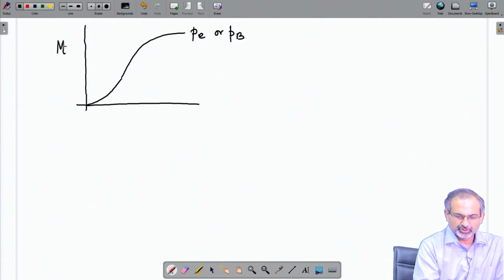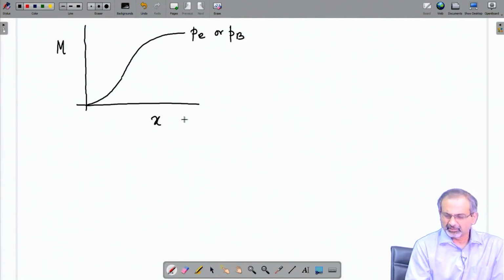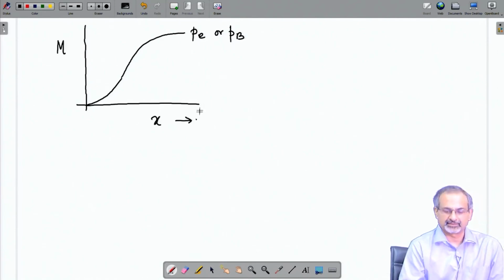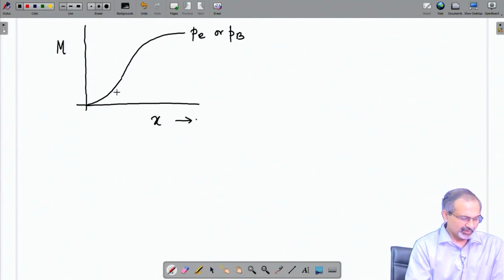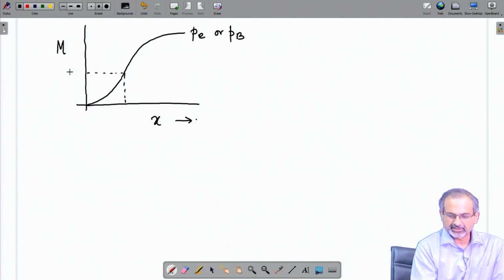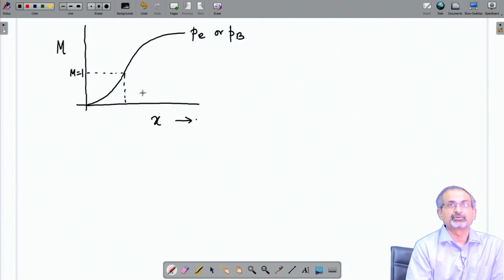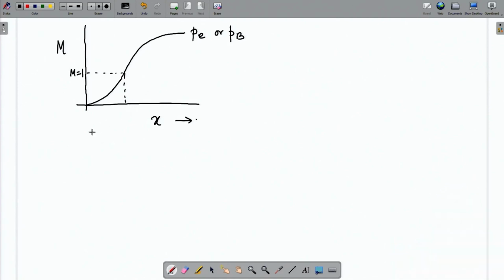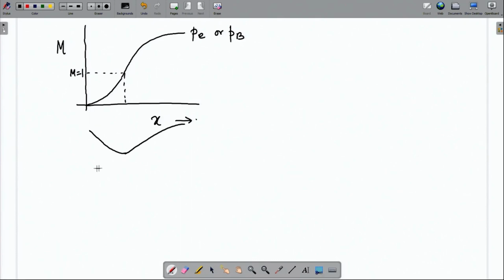In this plot, we are going to show the Mach number variations as a function of x, and this is the location where the Mach 1 condition has been reached. That means, it is the throat, you have a choked flow here. So, if you were to draw the nozzle, this would be the minimum cross sectional area and then it expands. We are just drawing half of the nozzle because it is symmetric.